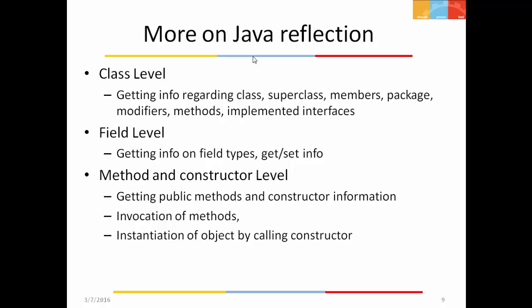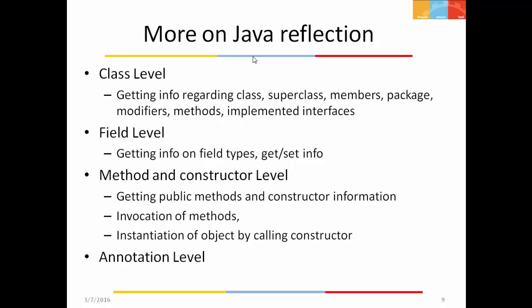Not just that, it can also help you in invoking the method. So you can query what the public methods are, you can search their names, and then you can invoke the method. For the constructor, it can search for the right constructor, and it can actually create an object by calling that constructor.